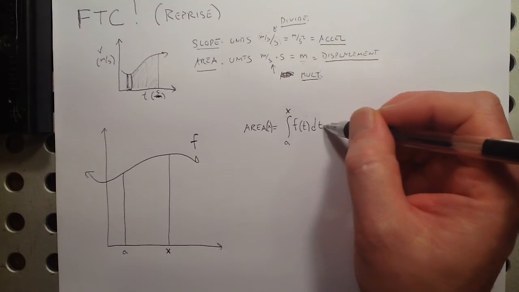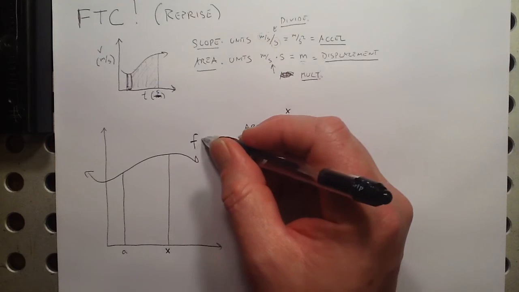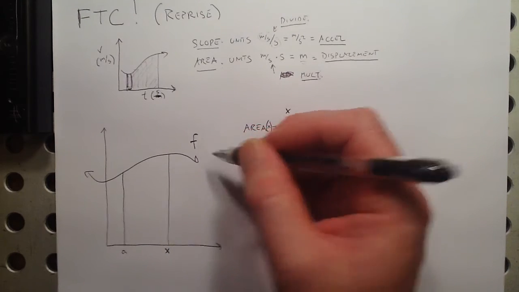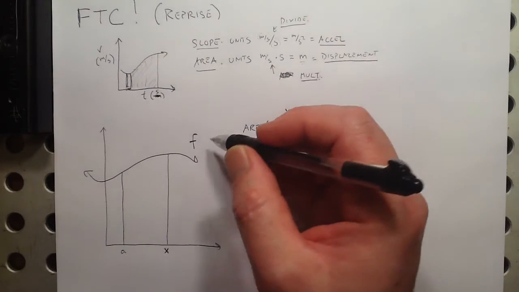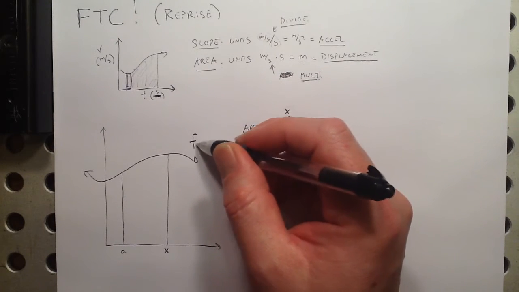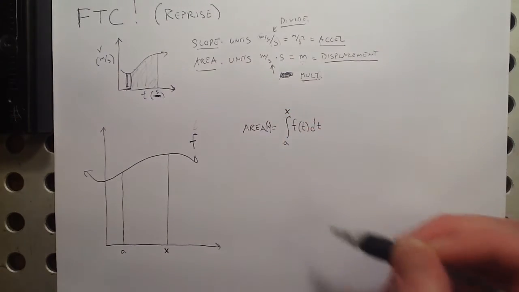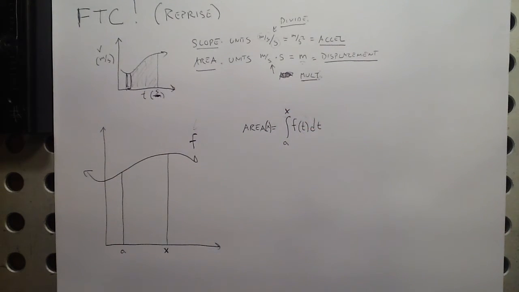The only reason we're not using x here is because we've already used it here. And you know, a function, whatever you want to call the things that you're plugging in, I mean, they're x values, right? So f of x, f of t, f of z, f of whatever letter you want to put there, it's the same function. The important thing is the name of the function, that it's the f function, right? So there's your area function.